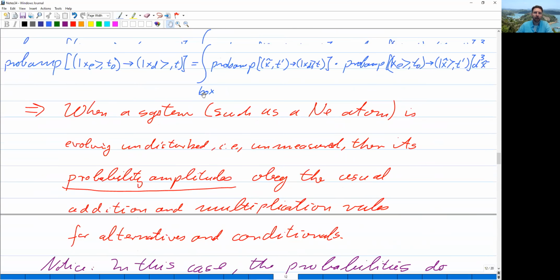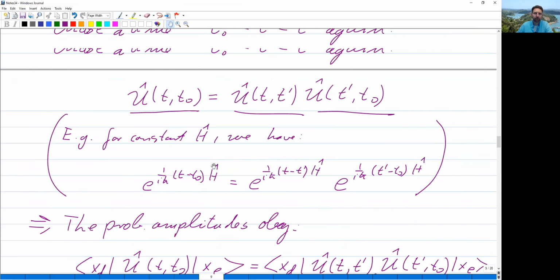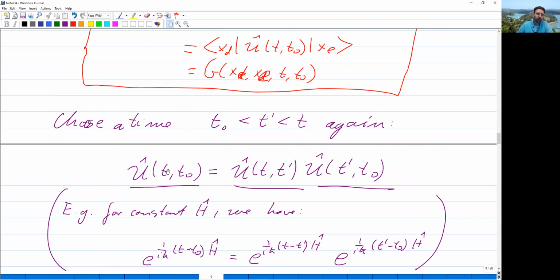We can now write the time evolution operator from T0 to T as the product of time evolution operators from T0 to T1 times the time evolution operator from T1 to T2 times the time evolution operator from T2 to T3, etc., until we have the time evolution operator from Tn to T. And so we have this huge product of time evolution operators.